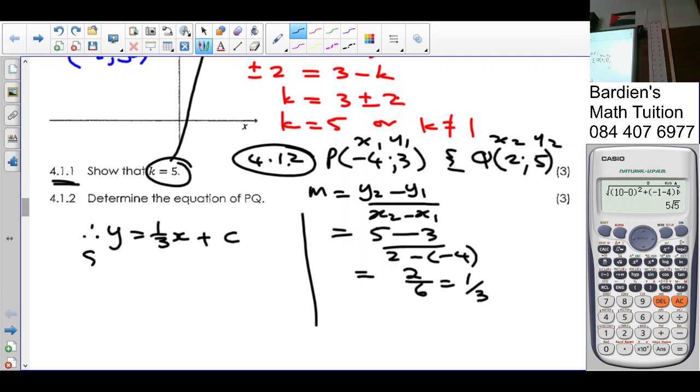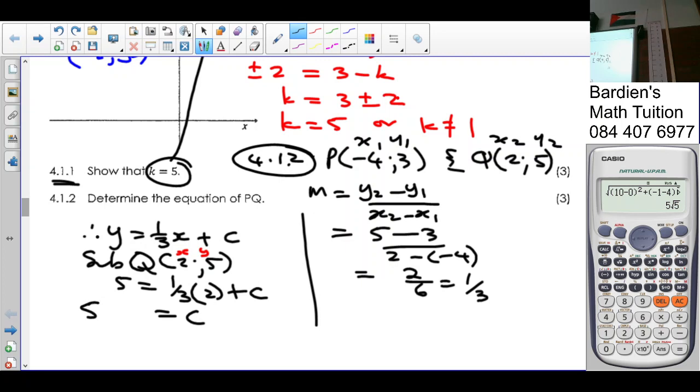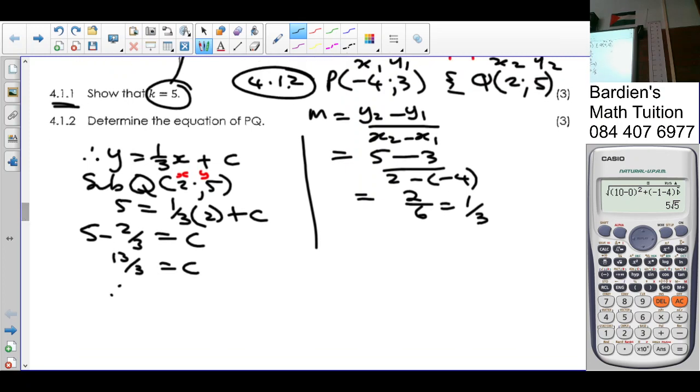To calculate c, I'll substitute a point that lies on this graph, either P or Q. I'm going with Q, which is 2 and 5. That's your x and your y. So 5 is equal to a third times 2 plus c. So c is going to be 5 minus 2 thirds, which is 13 over 3. So what's my equation? Therefore, y is equal to a third x plus 13 over 3. Alright?